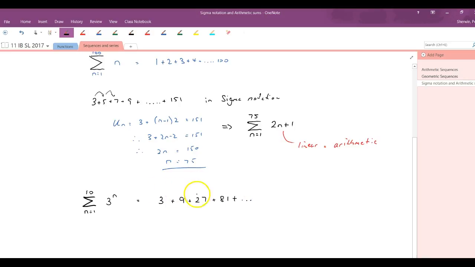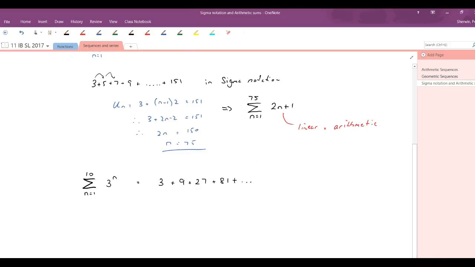Now we've got a common ratio of 4, so what we've got is a sum of 10 terms of a geometric that has a common ratio of 4. So what we've got to note here is that when this is an exponential expression, then we will get a geometric sequence.